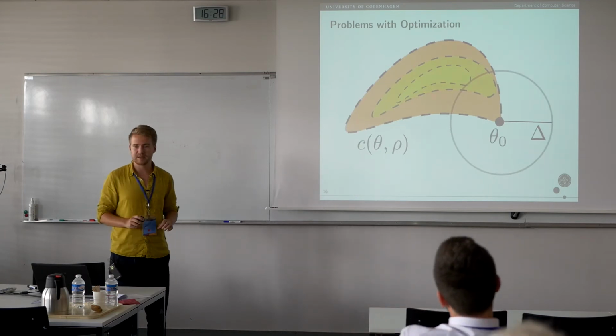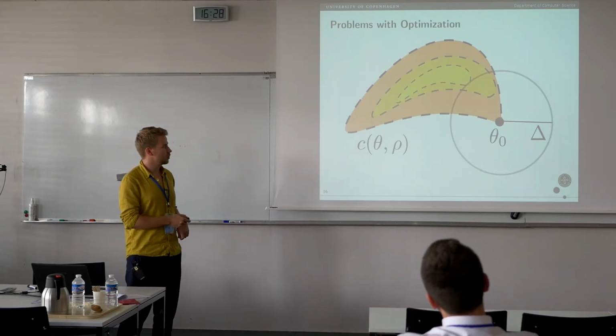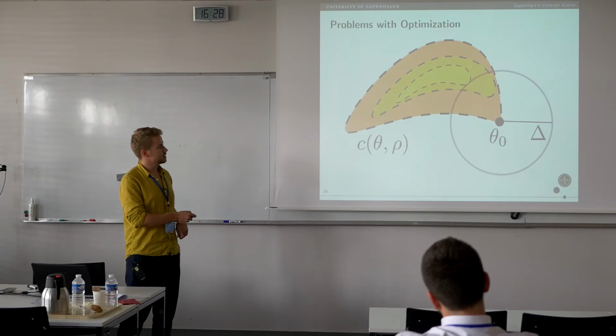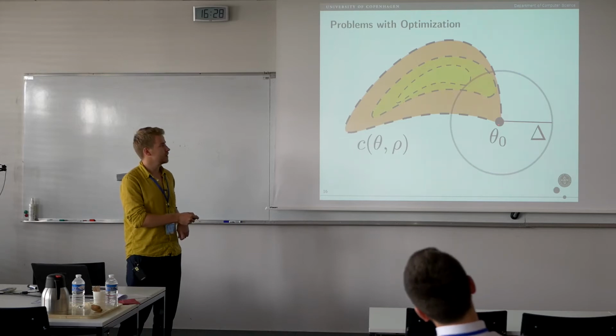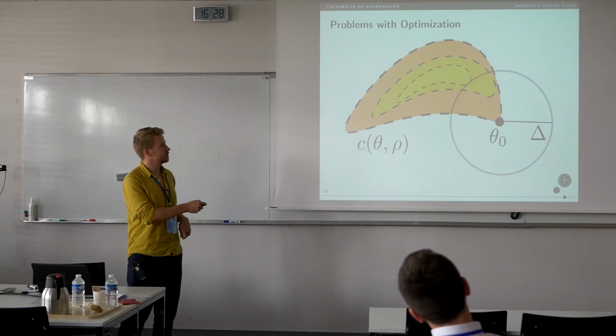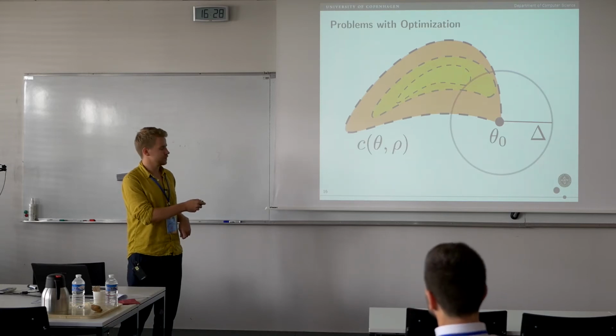So here, just a brief illustration. Our problem is that we're given this trust region here with radius delta, and theta 0 here is our current estimate. And then we want to find our way eventually to the minimum of these contours.